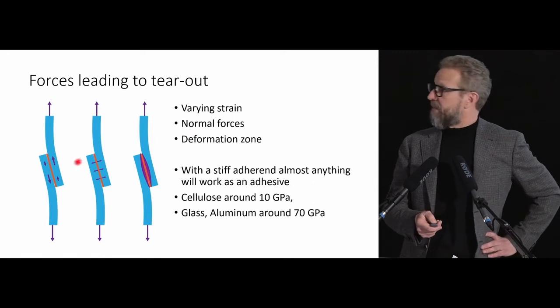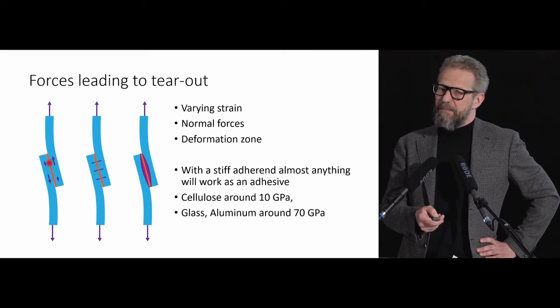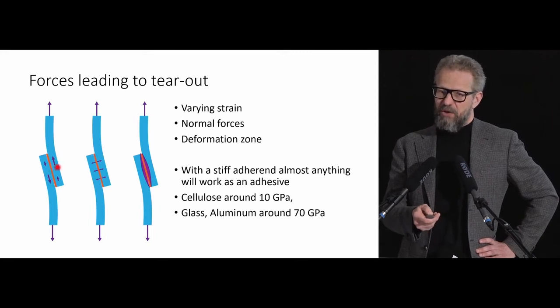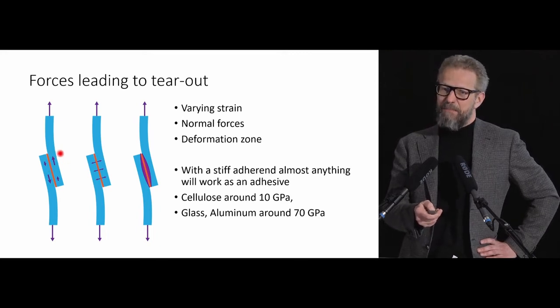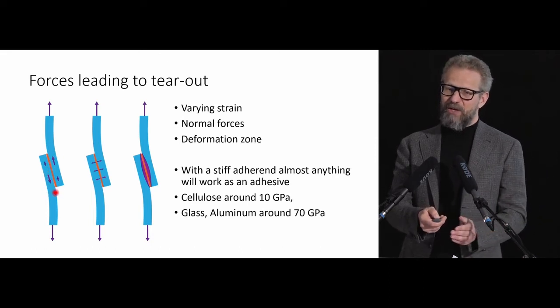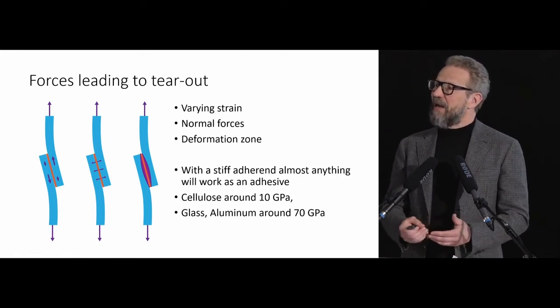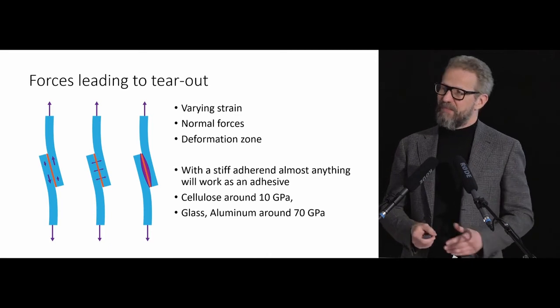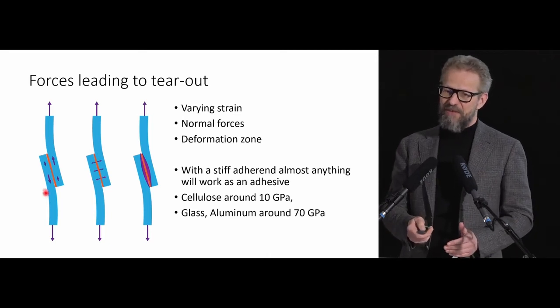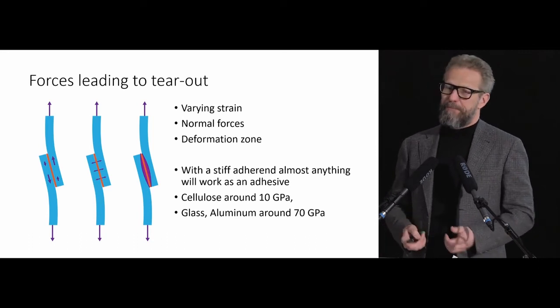Because there's still some extension of the cellulose, it will extend a bit more where the force is higher, and correspondingly on the other side of the adherent. So there's going to be an unequal distribution of stress. And because they bend, you'll have more normal forces, so it's actually tearing apart more.